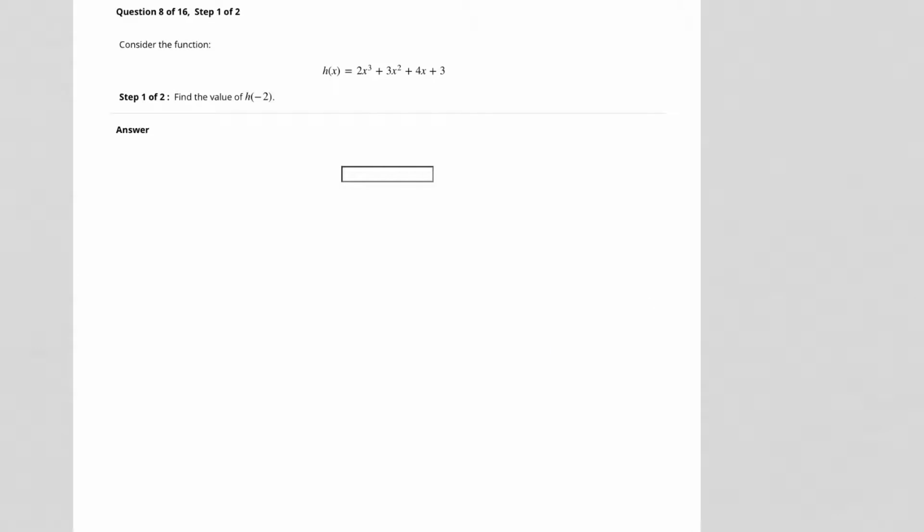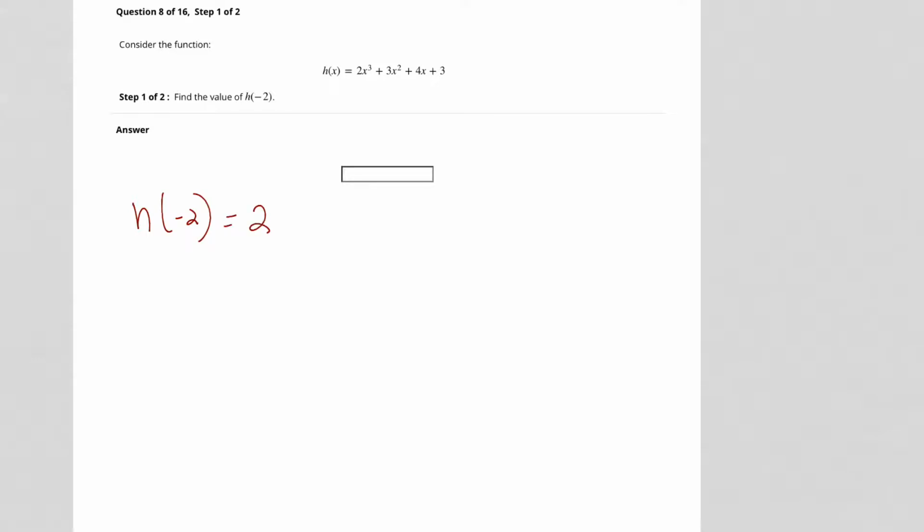Here we are evaluating h of -2. Our function is h of x equals 2x cubed plus 3x squared plus 4x plus 3. I'm just going to replace the -2 in that equation and do the math.